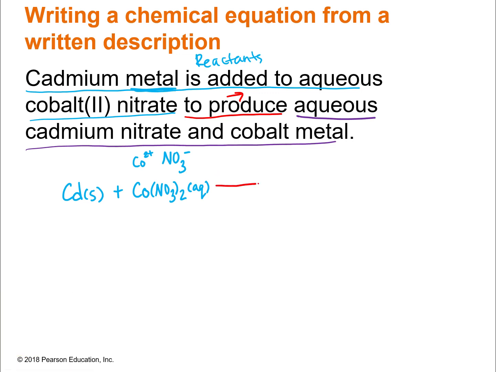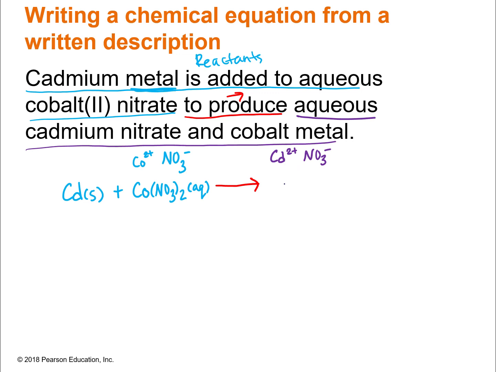So we're combining those to produce, that's our arrow, aqueous cadmium nitrate and cobalt metal. So cadmium is a transition metal, but it is one of the exceptions. It only forms one ion. So cadmium forms a 2 plus ion.